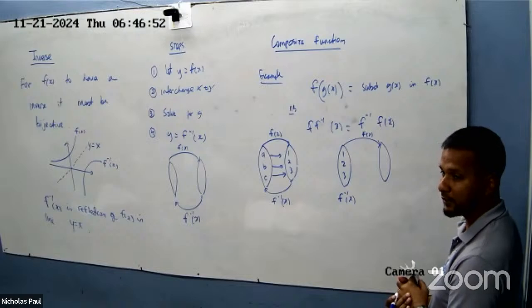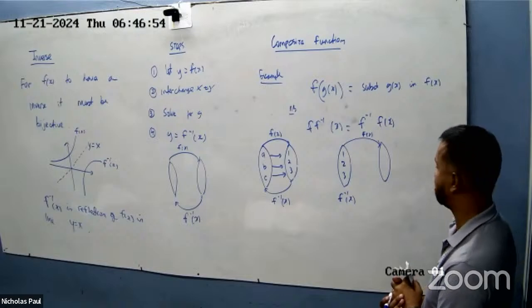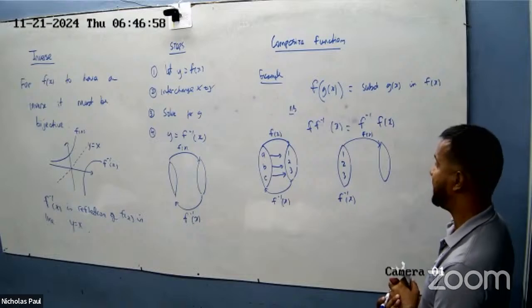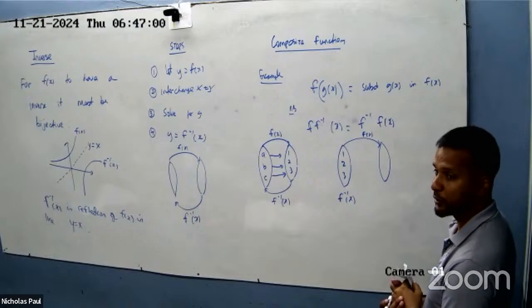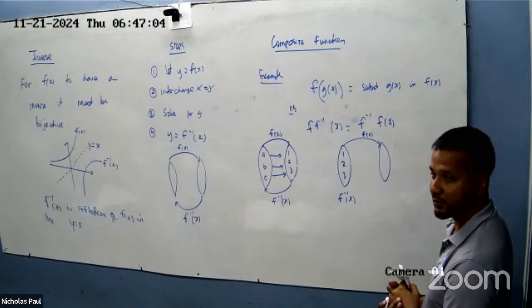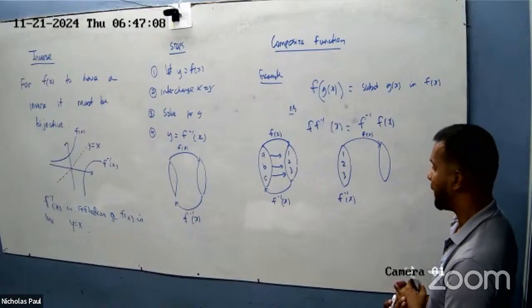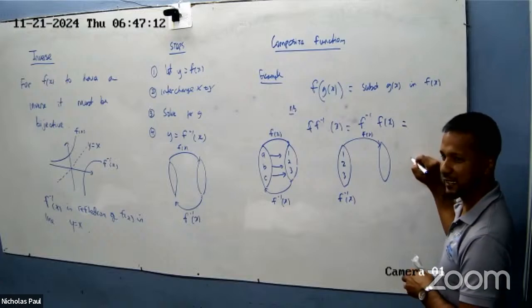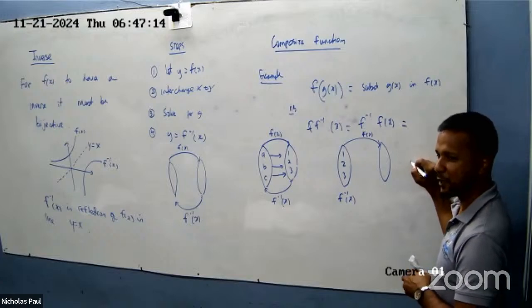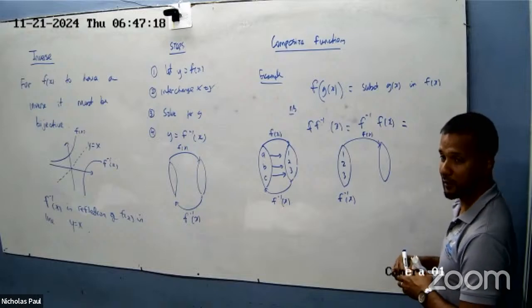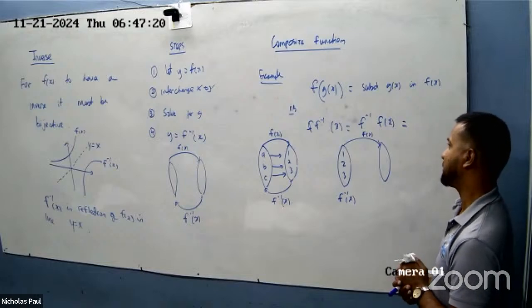Any ideas? You will get A, B, C, which is the domain. So what do I write here? What will you get back? You will get back x.